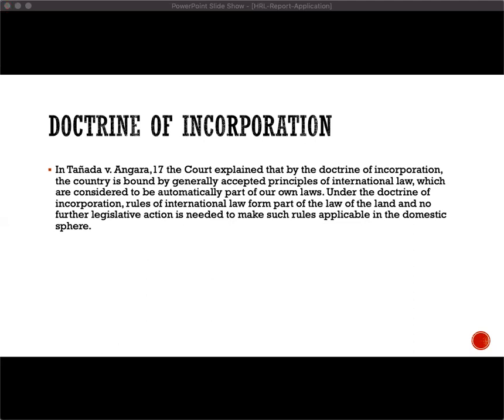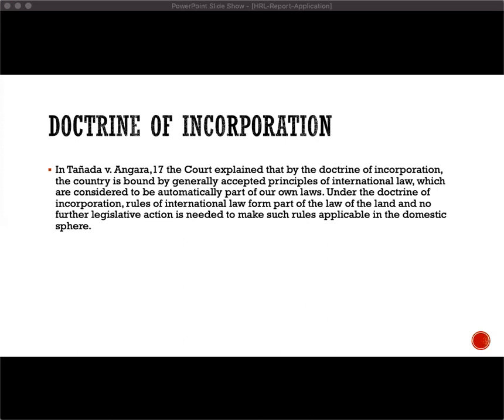However, the court held, or the court explained, that by the doctrine of incorporation, the country is bound by generally accepted principles of international law, which are considered to be automatically part of our own laws. So under this, the rules of international law form part of the law of the land, and no further legislation or action is needed to make such rules applicable in the domestic spheres.